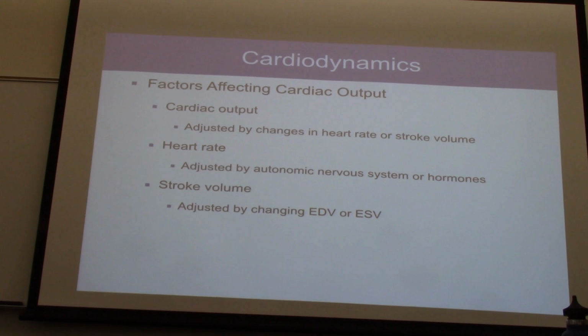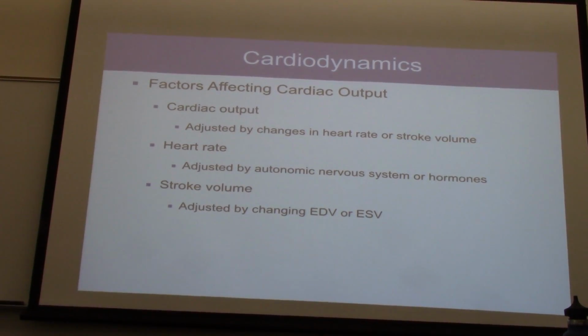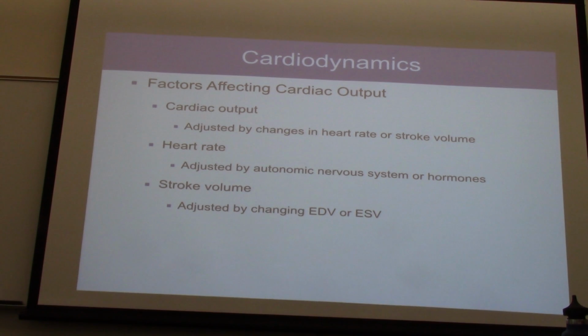And if you have less time for it to fill, then oftentimes, even though it's going faster, the stroke volume drops. It's not pumping as much per stroke. So some people do a lot better with a slower heart rate than they do with a really fast heart rate. Those are the things you've got to think about from these numbers here.